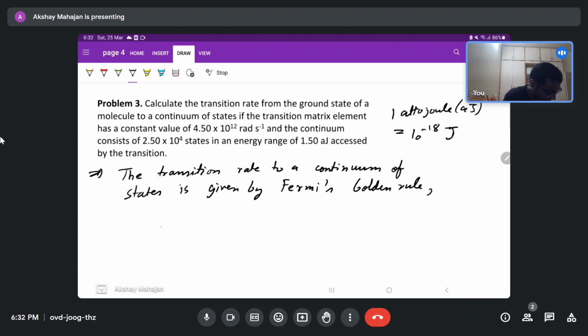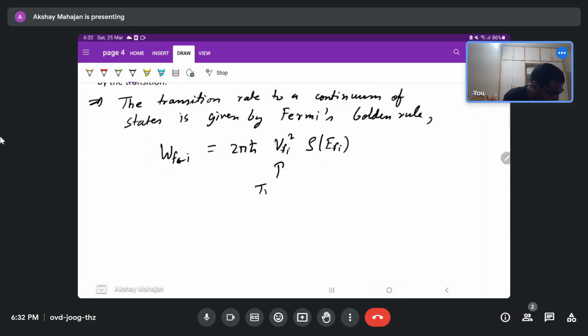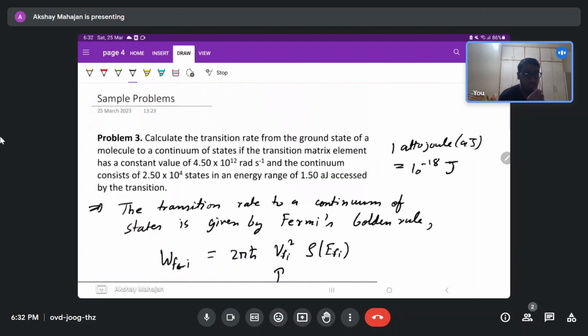Right. So the Fermi golden rule is given by, we are going from initial to some final states. That is given by 2 pi over h cross, mod V of fi squared, times rho, the density of states, at the energy E of fi, where this transition matrix element that is talked about in the problem is a constant value which is provided to us, 4.5 times 10 to the power 12.